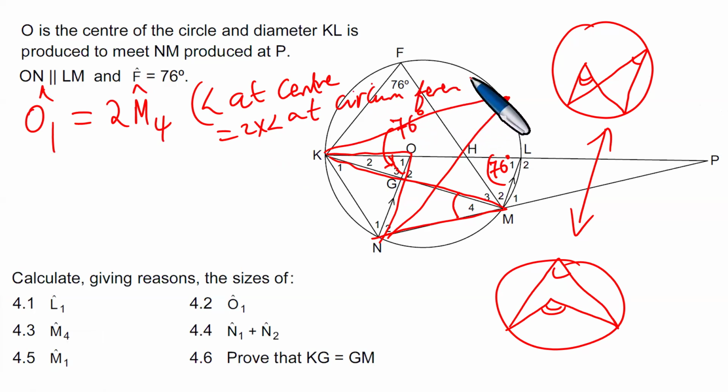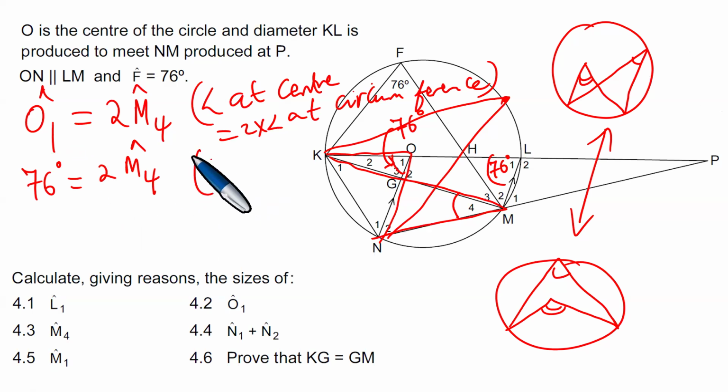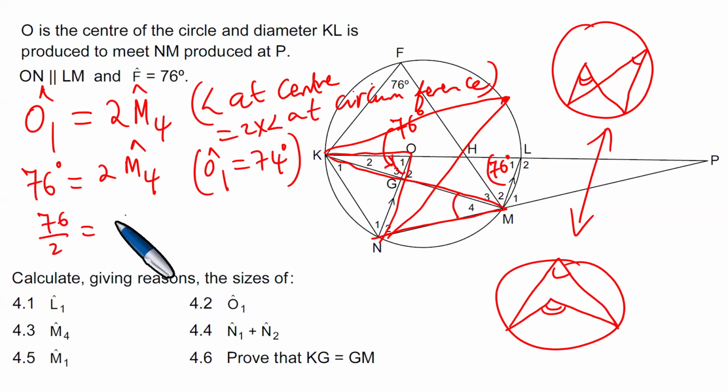So what do we say now? What is then the size of the angle O1? It is 76 degrees, we saw. It is 76 degrees equals 2 times the angle M4. At this point, you have 76, you divide by 2, and this is 2M4.